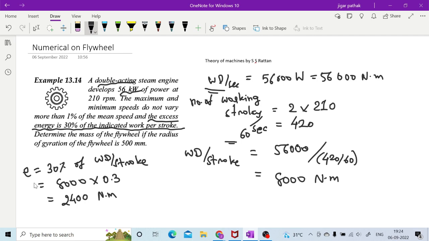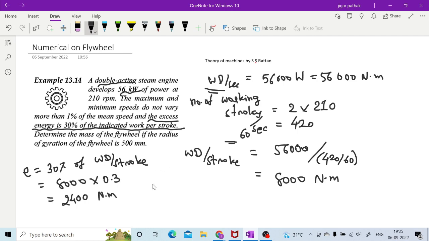But here, from the problem given, for now we have to take this fluctuation of energy as per the data given, that is 30% of this work done per stroke. So for now this fluctuation of energy should be taken as 2400 Newton meter. Is it okay?